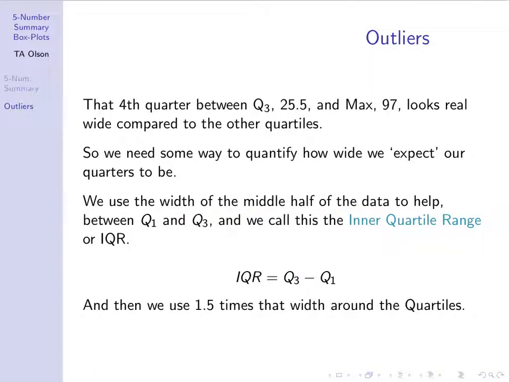To get some gauge as to what counts as an outlier, we use 1.5 times this interquartile range, and we use it as a width around the quartiles, above the third quartile and below the first quartile, and say anything that's above that top or below that bottom is an outlier.